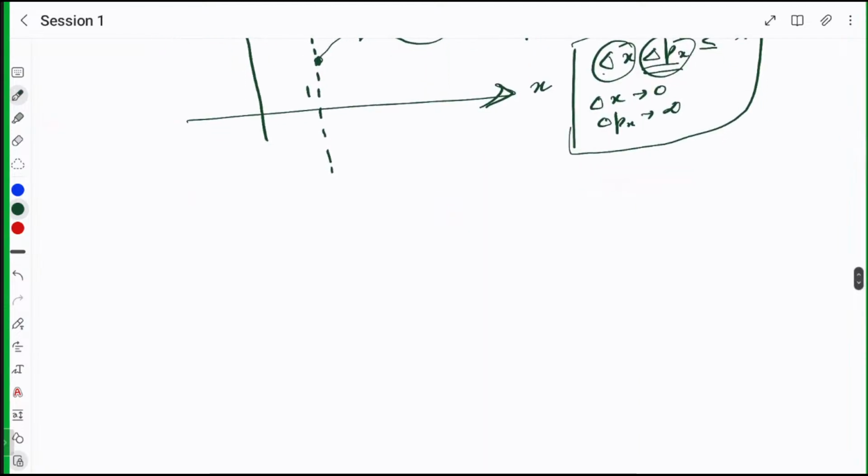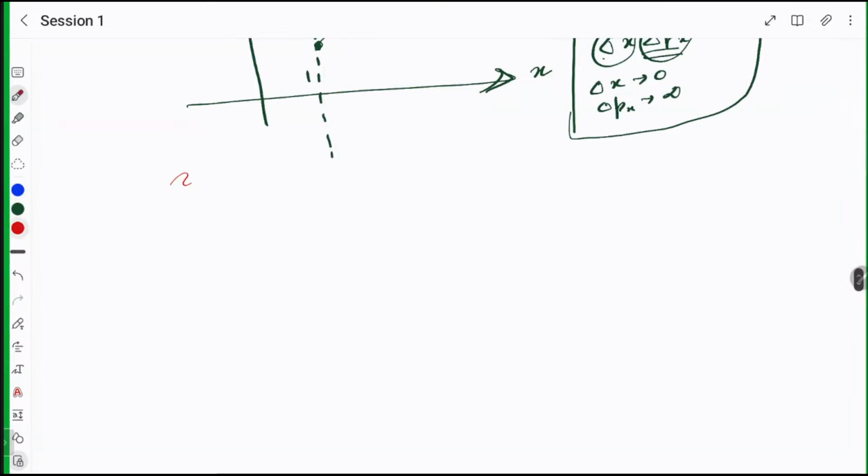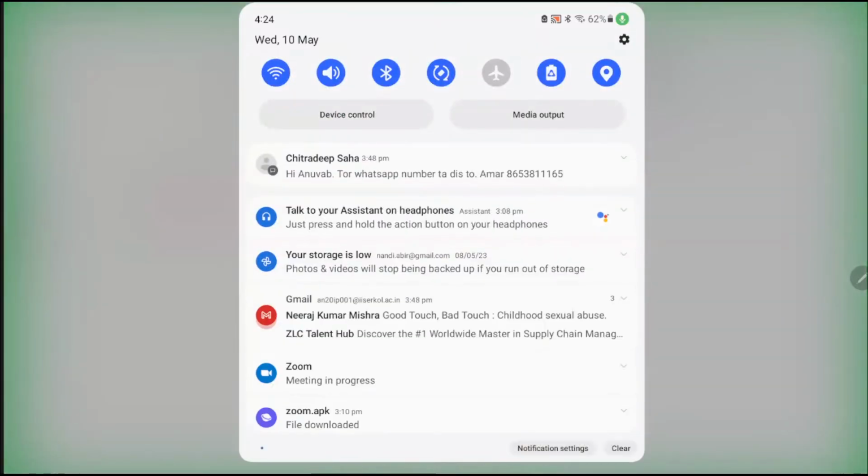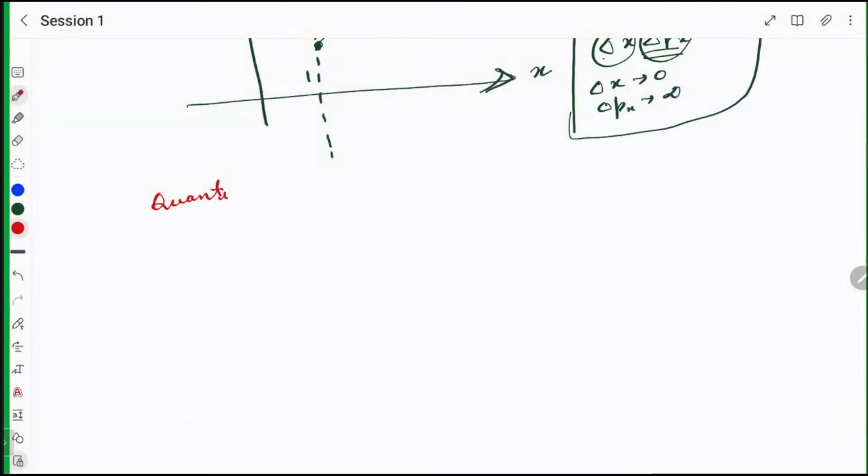So now the question arises: in quantum mechanics, how would we describe the state of a system? It turns out that the answer is somewhat non-trivial. You describe some vector in some abstract vector space.